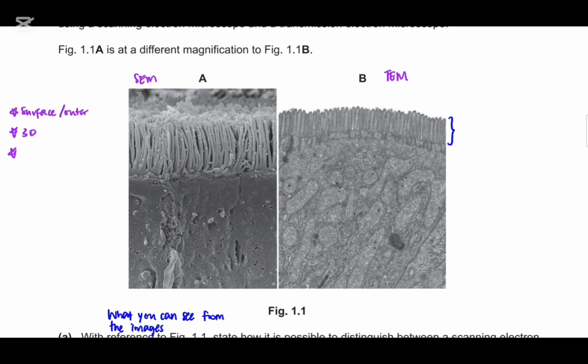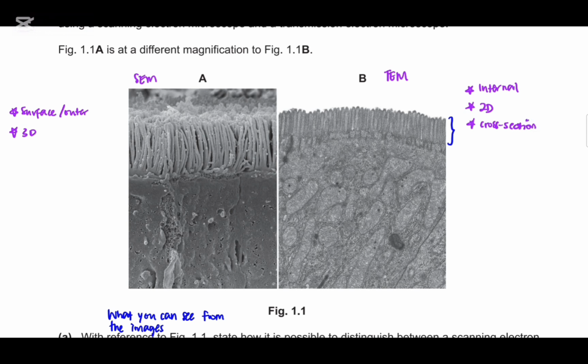And then for the transmission electron microscope, it not only shows the internal layers, the images are in 2D. And we can see the cross section, meaning you can see the inside of the epithelial cell.